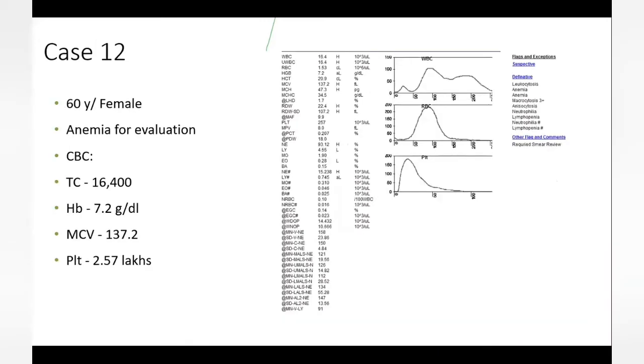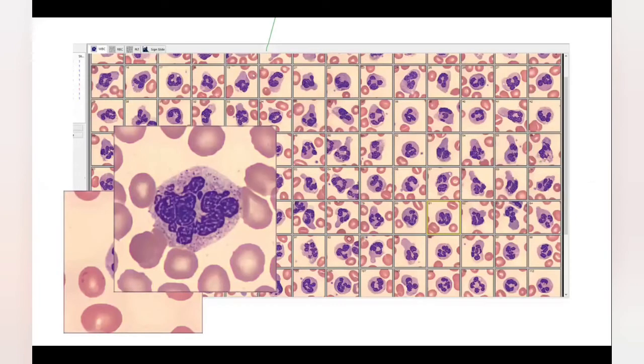And another case of a 60-year-old female with anemia for evaluation, and the total count is slightly increased. The hemoglobin is 7.2, and we have a very high MCV, suggesting a macrocytic anemia.